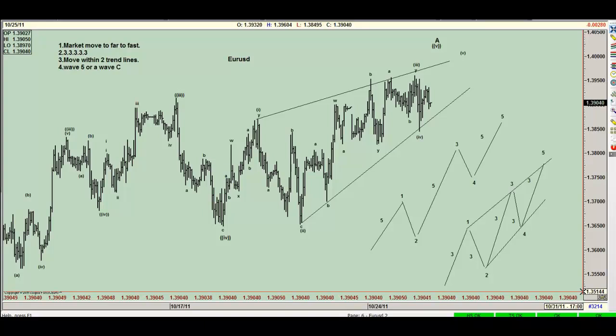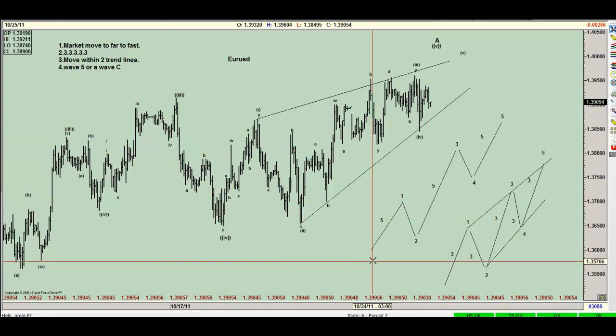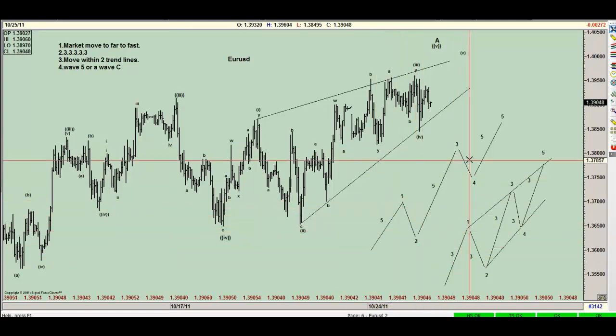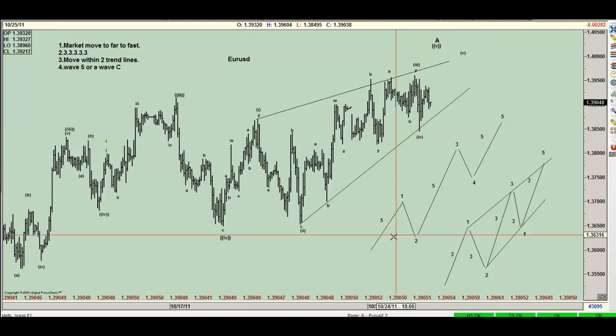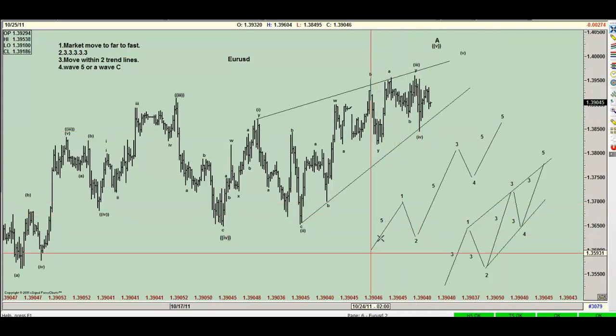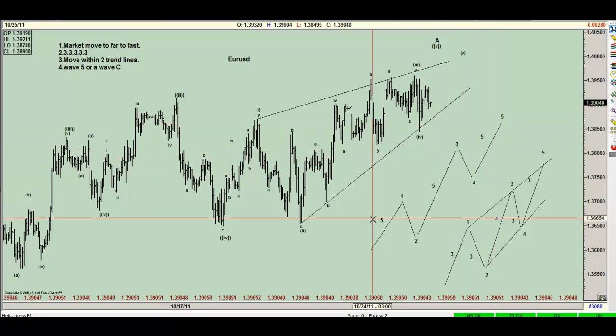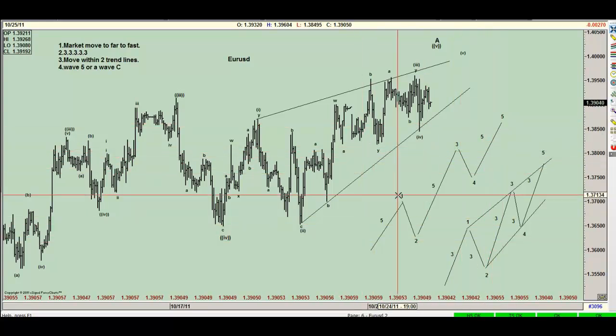Now, let's take a look at how the ending diagonal looks. In a regular impulse in Elliott Wave, you get a sequence of 5, 3, 5, 3, 5, where every impulse wave has a subdivision of 5 waves within. In an ending diagonal, it's totally different.